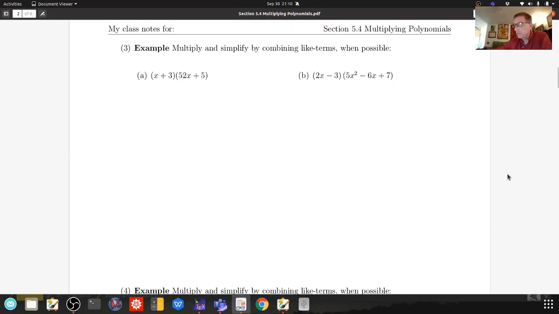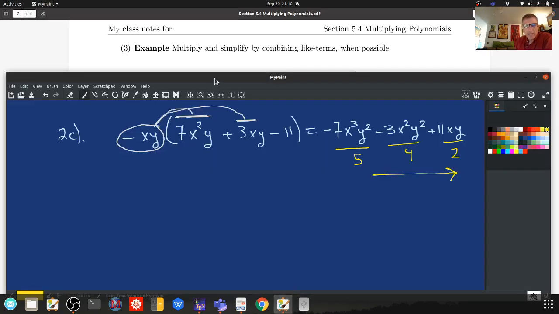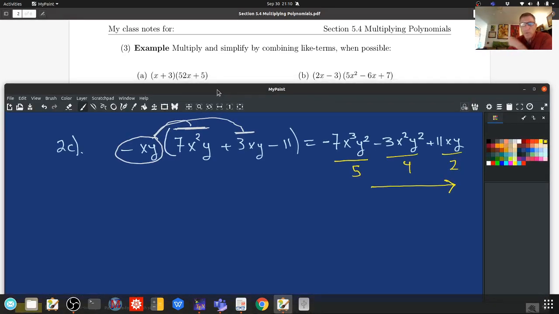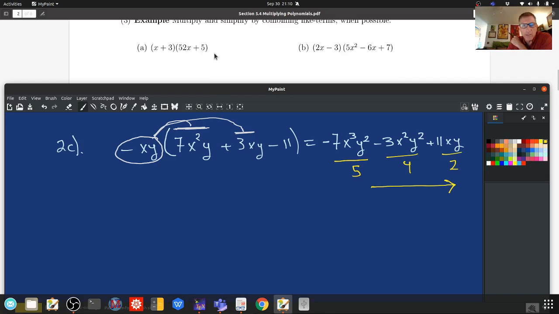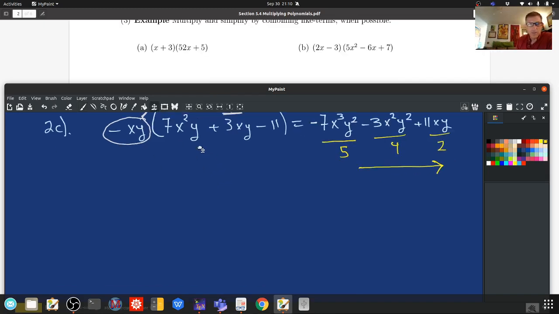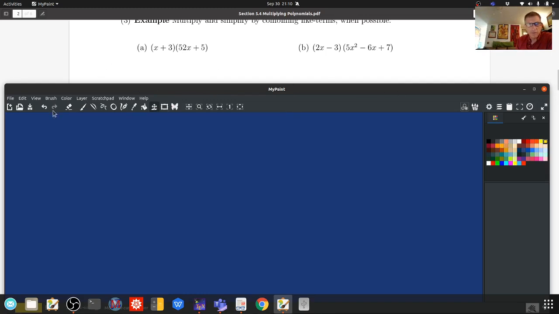So we're getting ready to multiply a binomial by a binomial and a binomial by a trinomial. And many of you in school were taught a way to do this, and I want to emphasize that you can still use that way, but I'm going to teach you two ways.